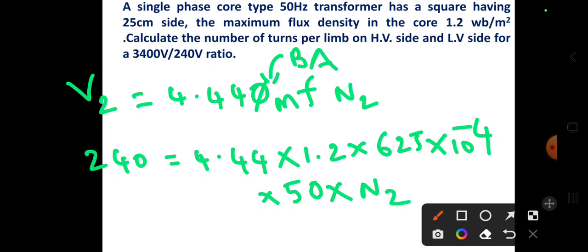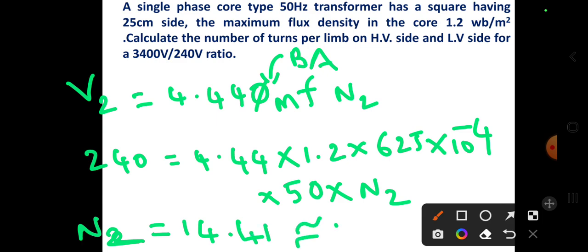Now find out the value of N2 here. N2 is equal to 240 divided by 4.44 into 1.2 into 50 into 625 into 10 power minus 4. Then how much is the answer? This answer will be 14.41 or simply 14 turns.